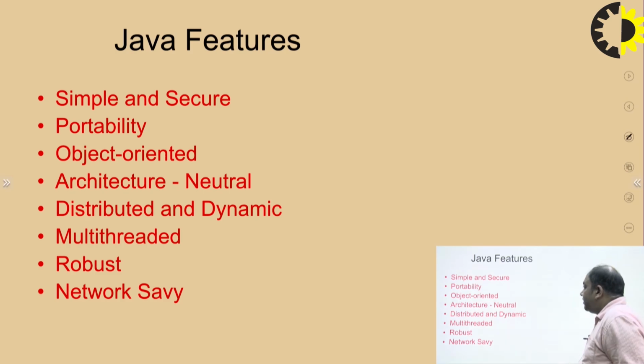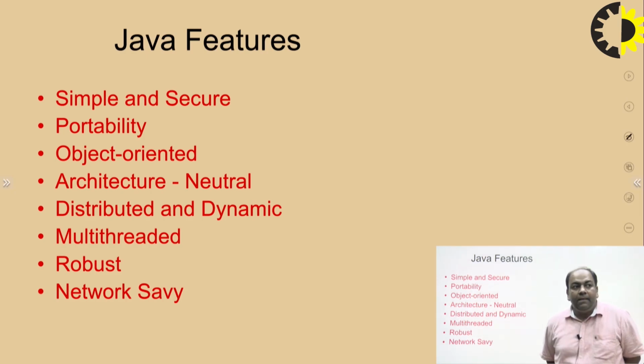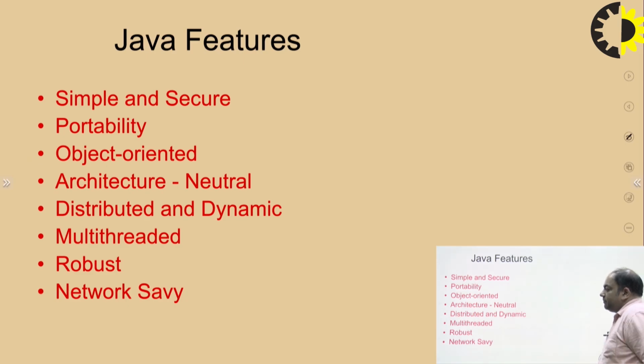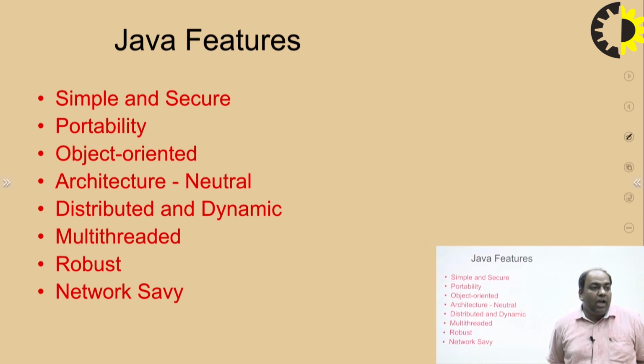Architecture neutral, distributed and dynamic are also a part of portability or platform independency. Multi-threaded programming is a concept of Java in which a program can be divided into threads, and each thread can work separately or independently. Next is robust, and the last is network savvy.